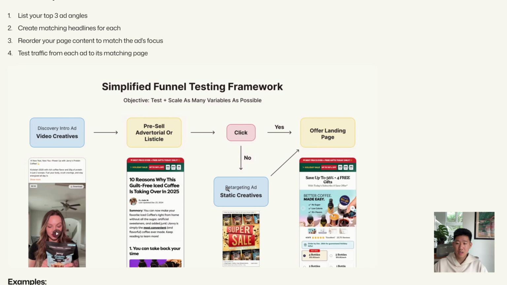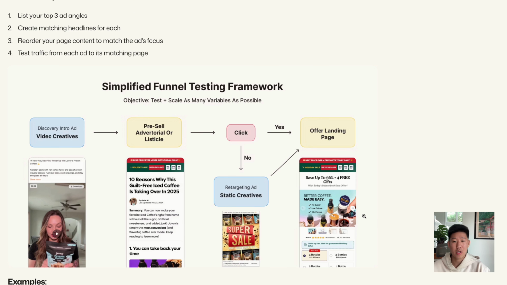This is higher level, but the best brands, this is something that we do for our clients and also that the brands that we study do, is instead of driving all their traffic, let's say you have a video ad, to your product page, you have a bridge page or a pre-sale page, like an advertorial listicle that provides that bridge between what they're saying in the ad to the page that they're landing on. And then that product page can be the same.